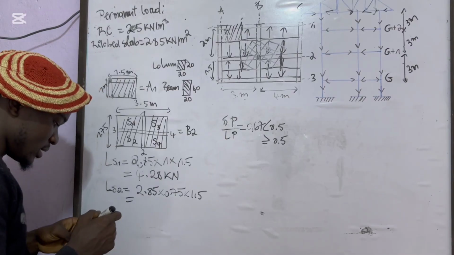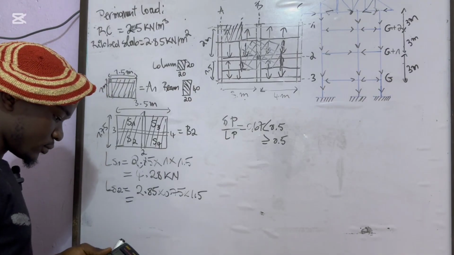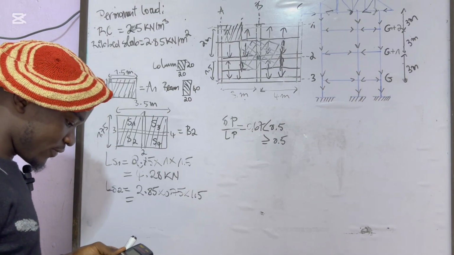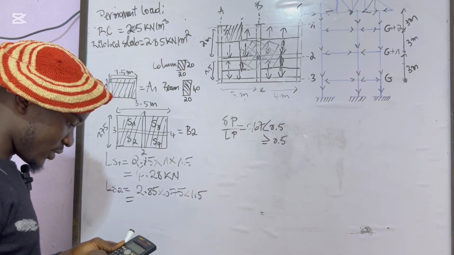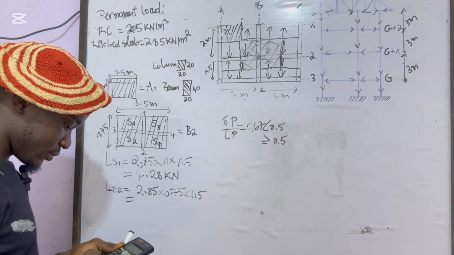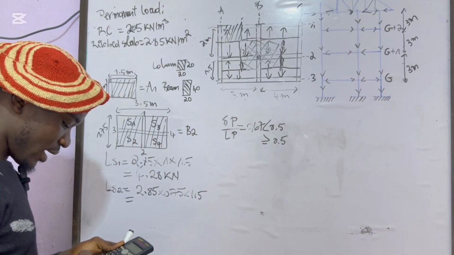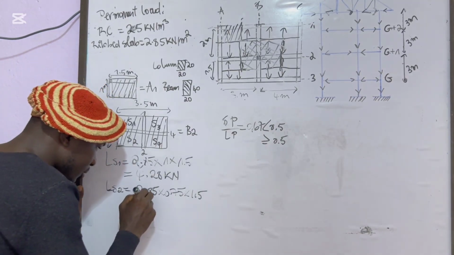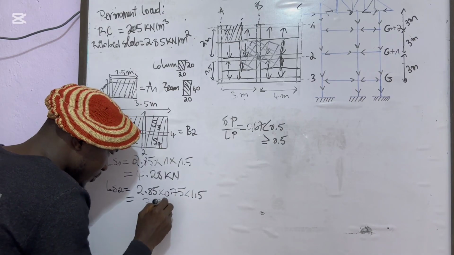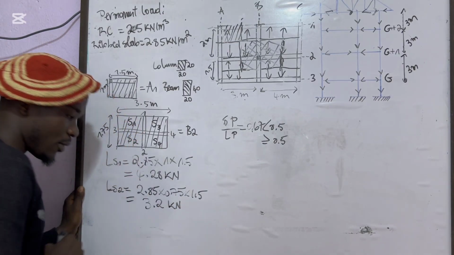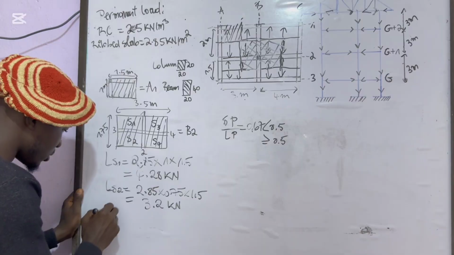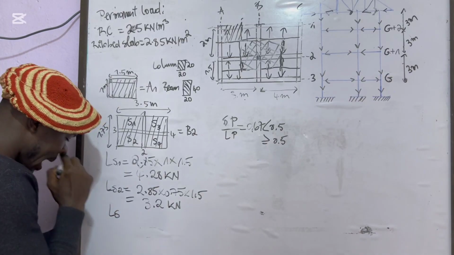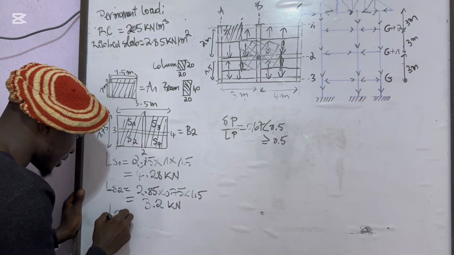So 2.85 times 0.75 times 1.5 will give us 3.2 kilonewton. That's the load given by surface area 2.